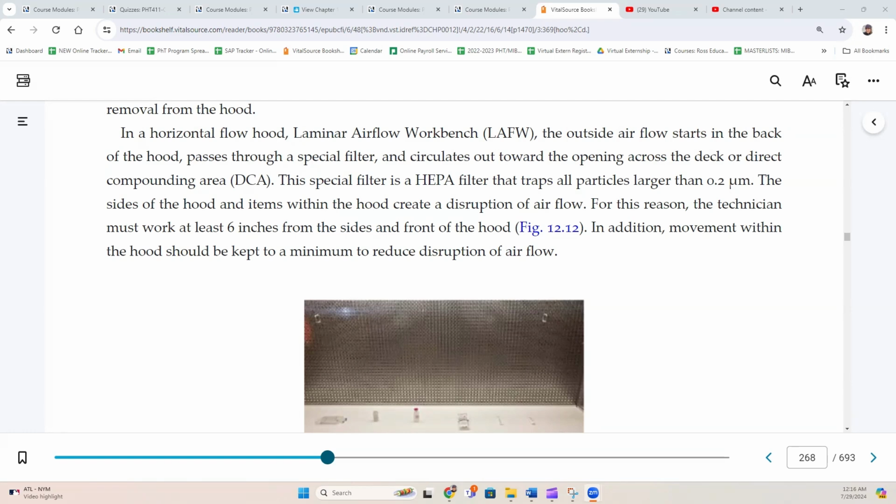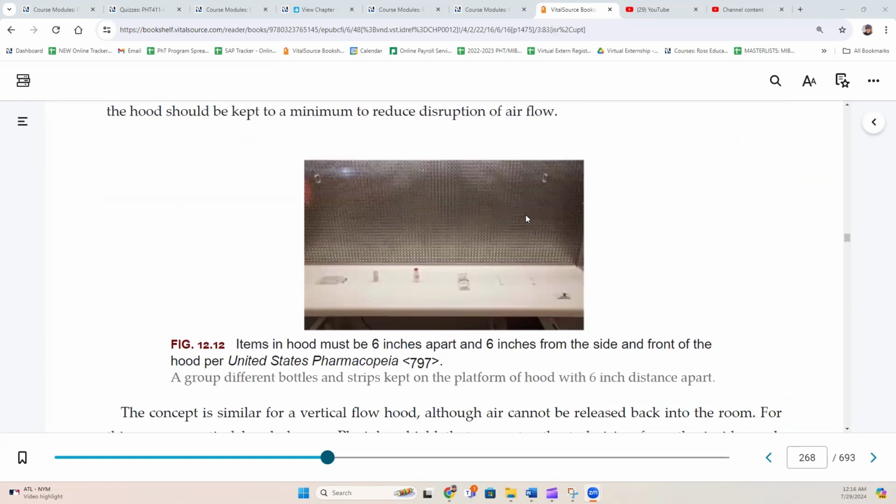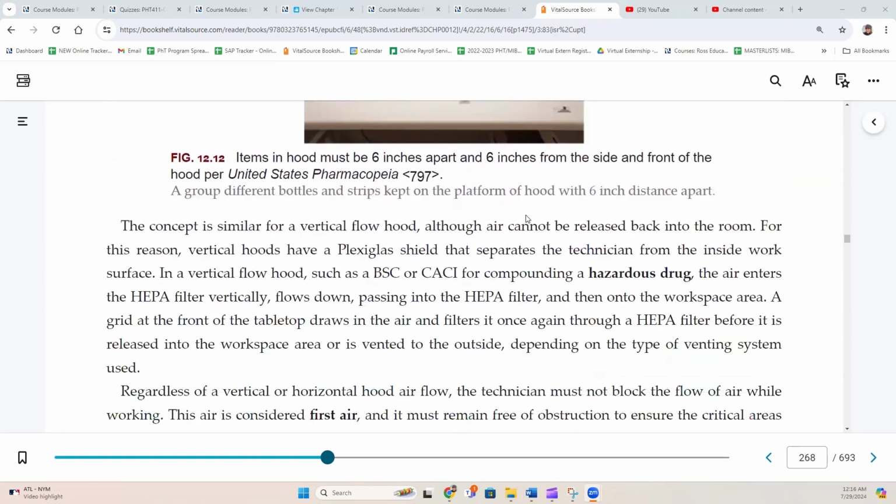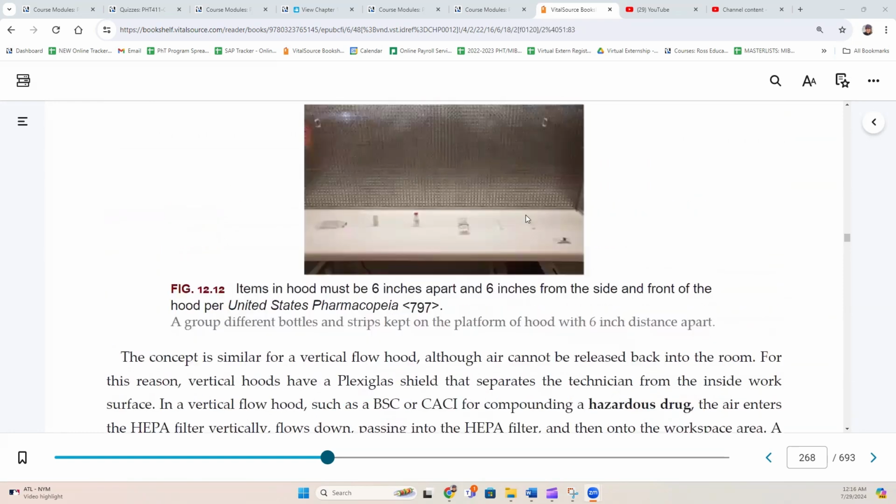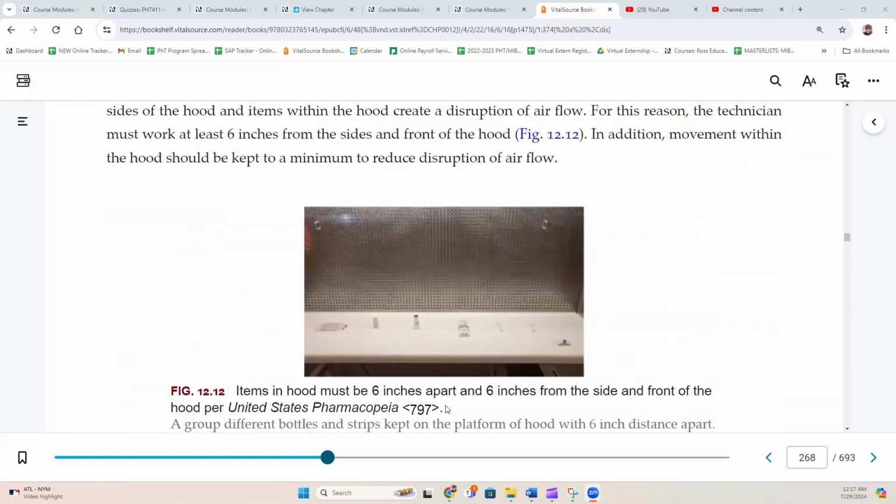For this reason, the technician must work at least 6 inches from the sides and front of the hood. In addition, movement within the hood should be kept to a minimum to reduce disruption of airflow. So you can see here that the items in the hood must be 6 inches apart and 6 inches from the side in front of the hood.